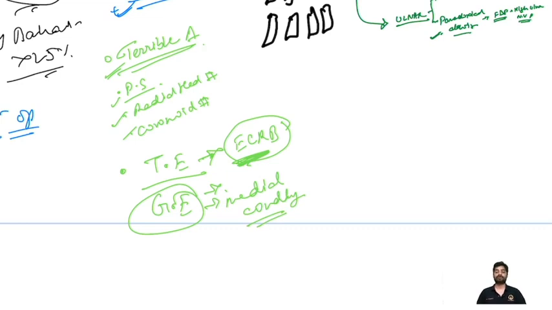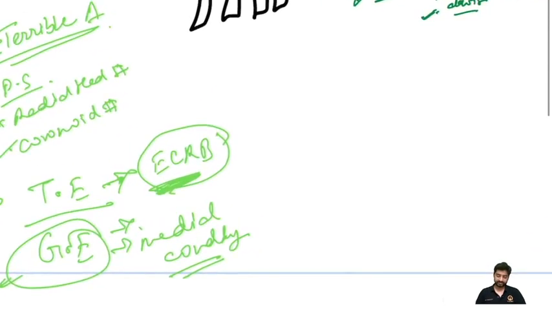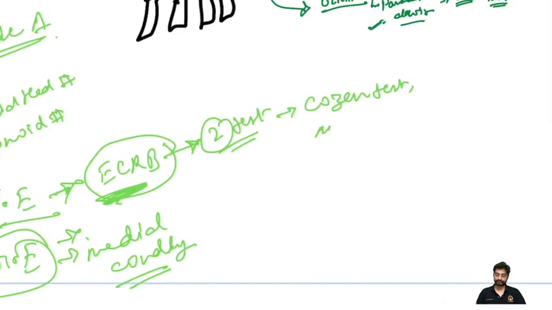Treatment will be conservative only, and in tennis elbow, two tests are important which may be asked: the Cozen test and the Mills test. Okay, so these tests are to check for tennis elbow.